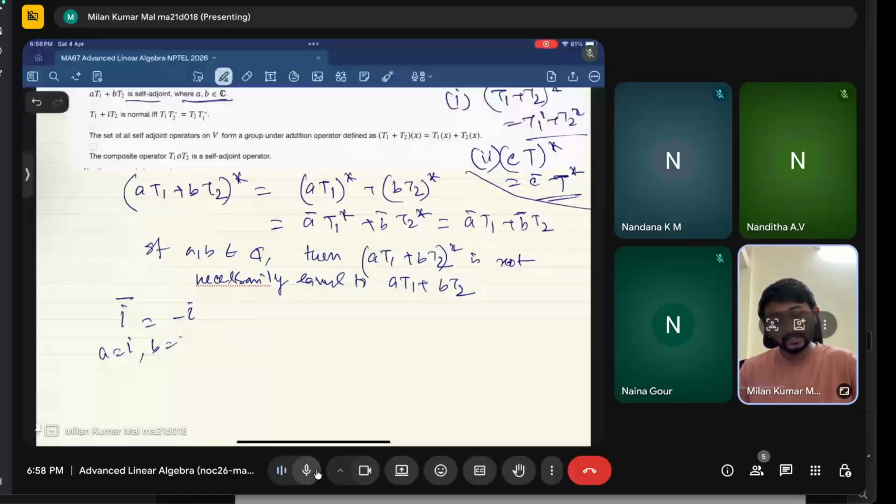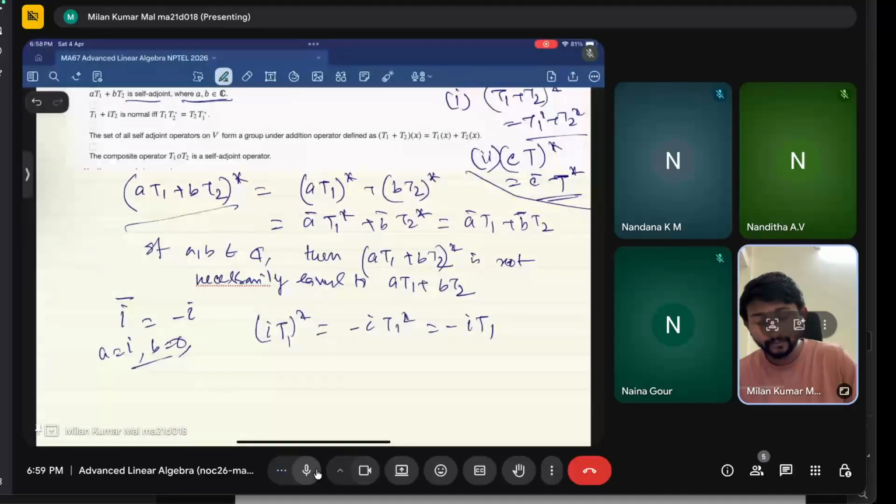So from here it is clear when this will be self-adjoint. Note that if a and b are real numbers, then aT1 plus bT2 is self-adjoint.